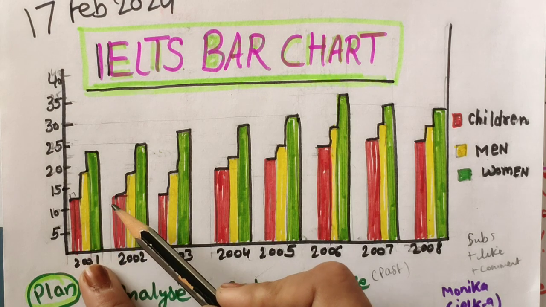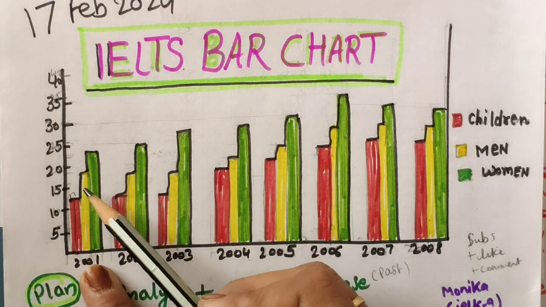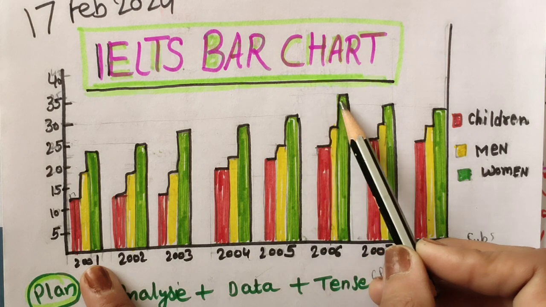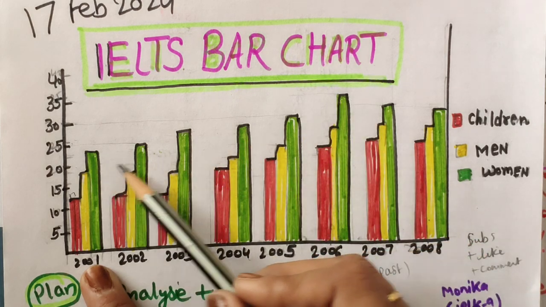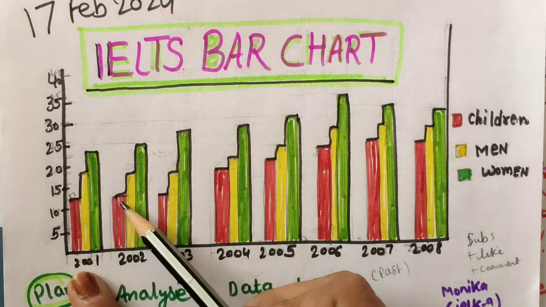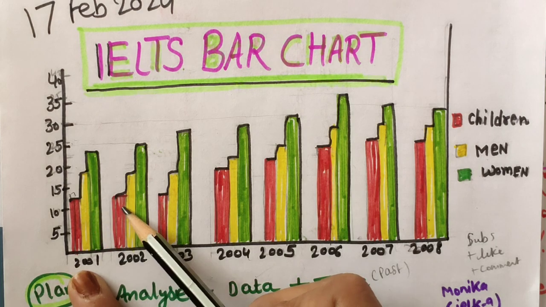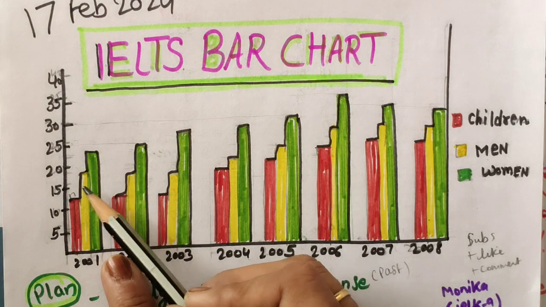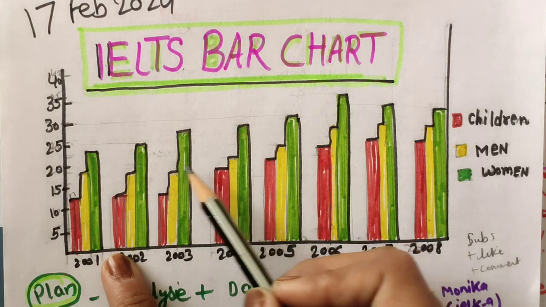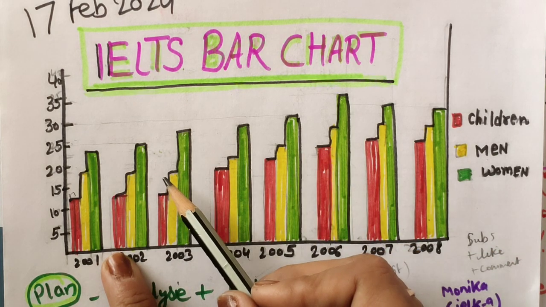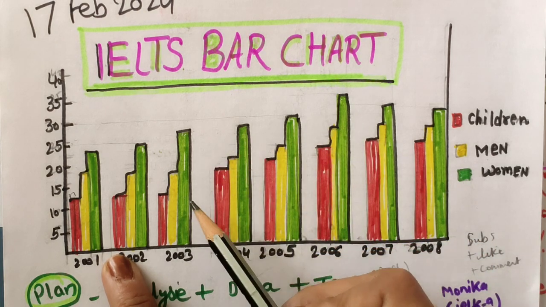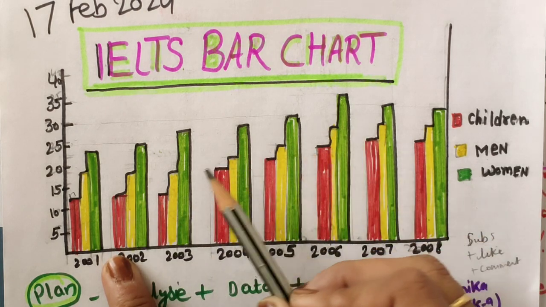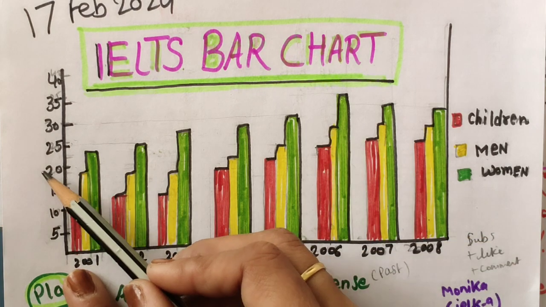So what can you see after looking at this bar graph? I can see the green one is going up and this is the highest among the categories, and the red one is the minimum, meaning the least number, and the yellow one for men is stable. Overall I can see the percentage is improving, because these are percentages.